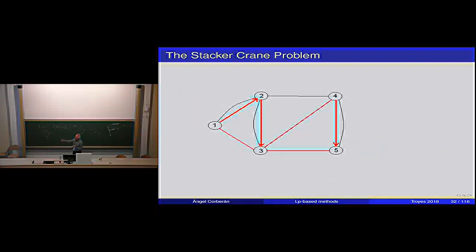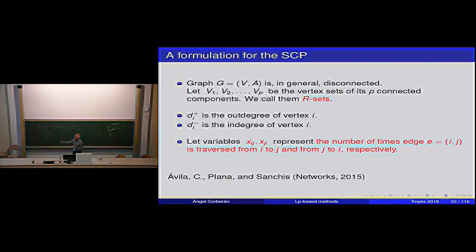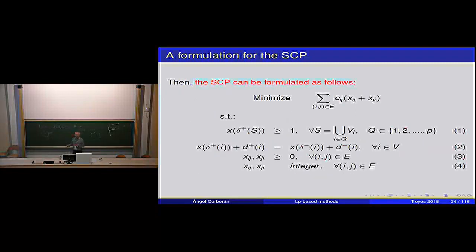I can traverse the edge 3,4 in this sense or in the opposite sense, and then I have two variables associated to each edge of the graph. The formulation is very, very simple. I just minimize the traversal cost associated to the movements of the crane, except those that are mandatory.